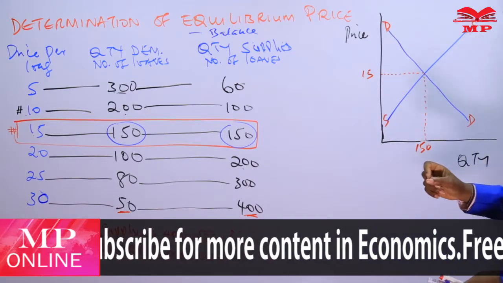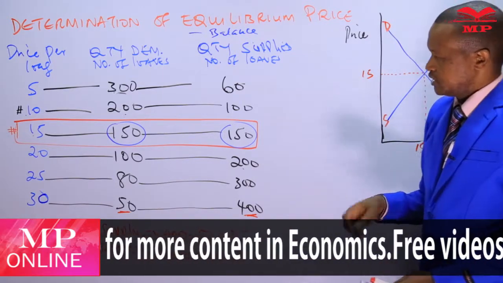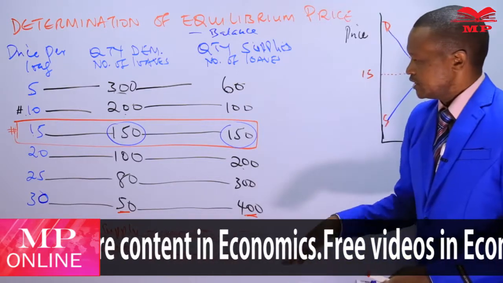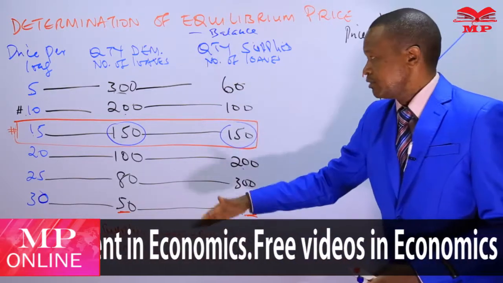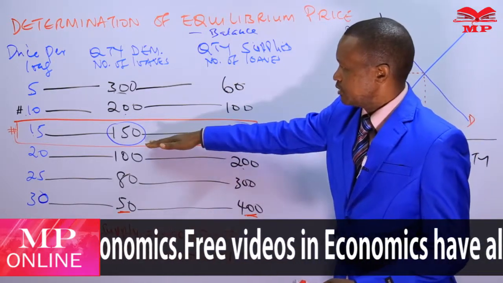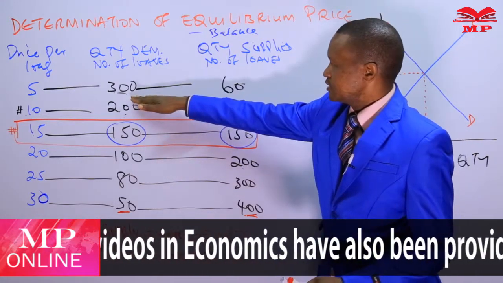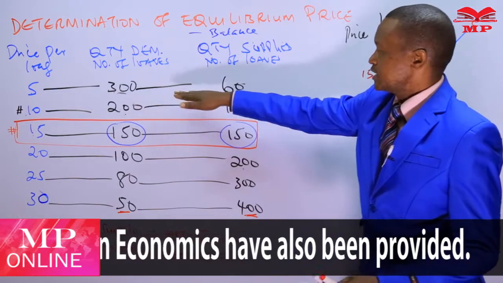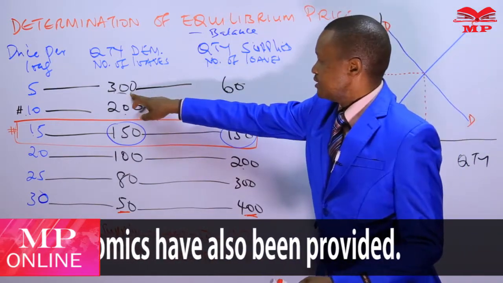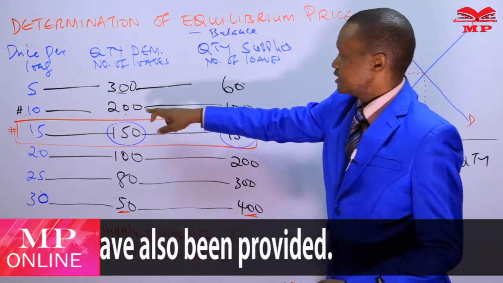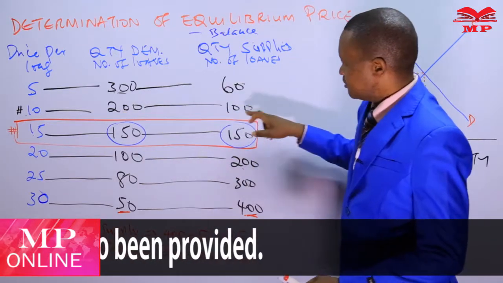And we went ahead and looked at the scenario where there is excess supply. Before you come to the equilibrium, we saw that when the price is at 5 shillings, there is excess demand, and when it is at 10, there is also excess demand.